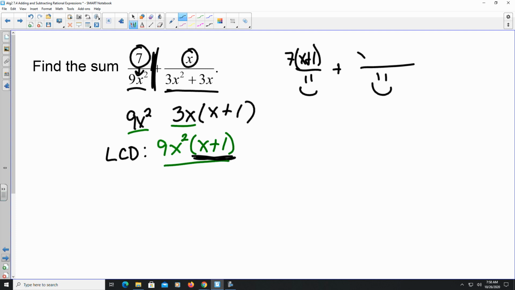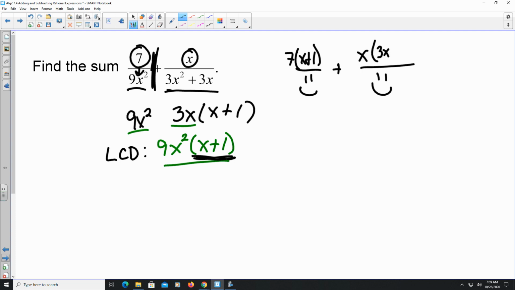Looking at x, what I additionally multiplied in this particular one is going to be 3x, because 3 times 3 is 9, and 3x times 3x is 9x squared.